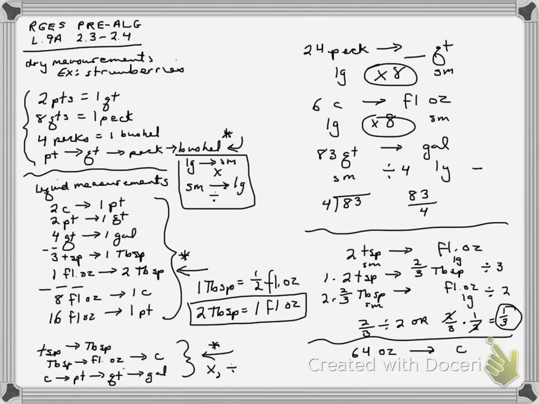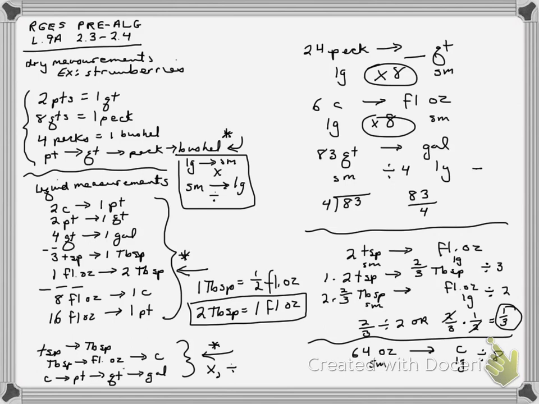So we're going to do this the very same way you did your first problems. We have a smaller unit to a larger unit, so we're going to have to divide, and how many ounces are in a cup? The answer is 8 fluid ounces. So we'll divide by 8 and get your answer.